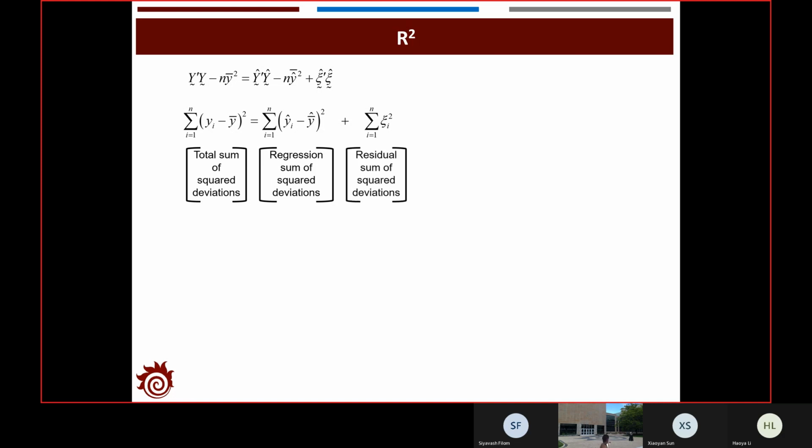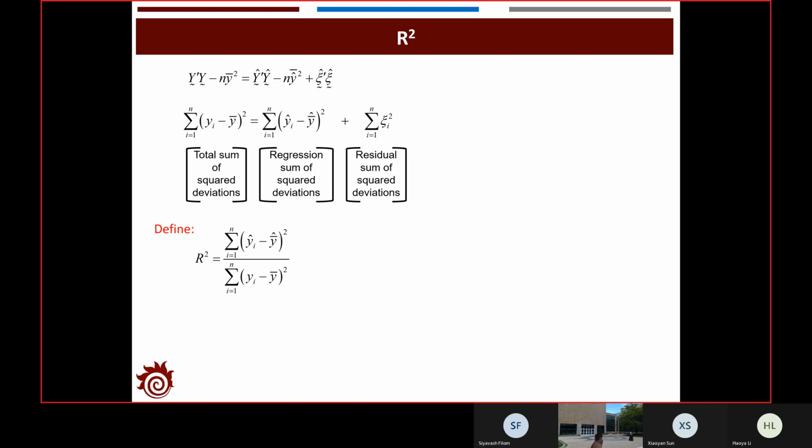Another part would be the residual sum of the square deviation, the part that cannot be explained by the model. Then, based on that, R square is defined as the part that can be explained by the model divided by the total sum of the square deviation.